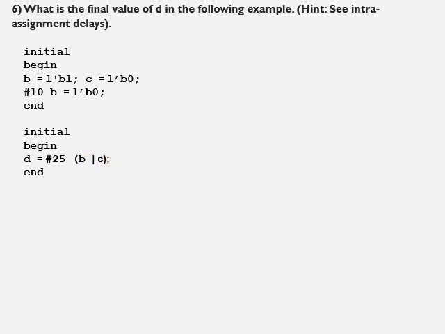Okay, so we'll see what the values of these are at every time. At time t equal to 0, b is equal to 1 and c is equal to 0, and d is being assigned after 25, so d is unknown.